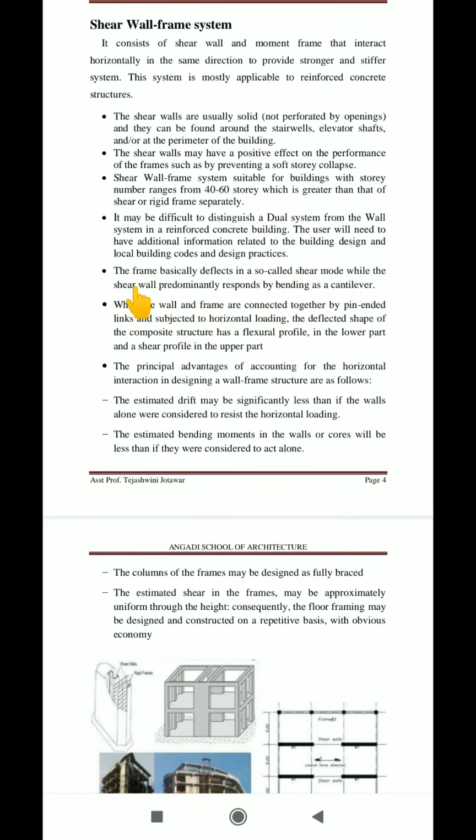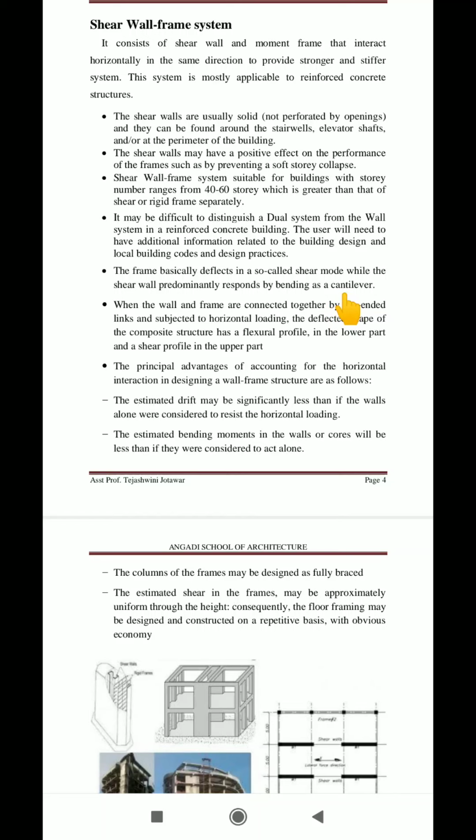Another thing about this system is that a frame basically deflects in a so-called shear mode, while the shear wall predominantly responds by bending as a cantilever. So by combining these two systems, I can achieve both the shear mode as well as bending as a cantilever.